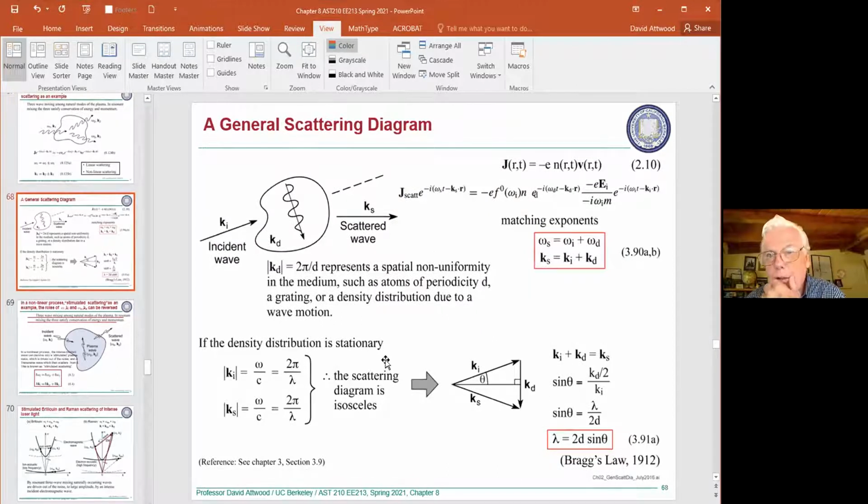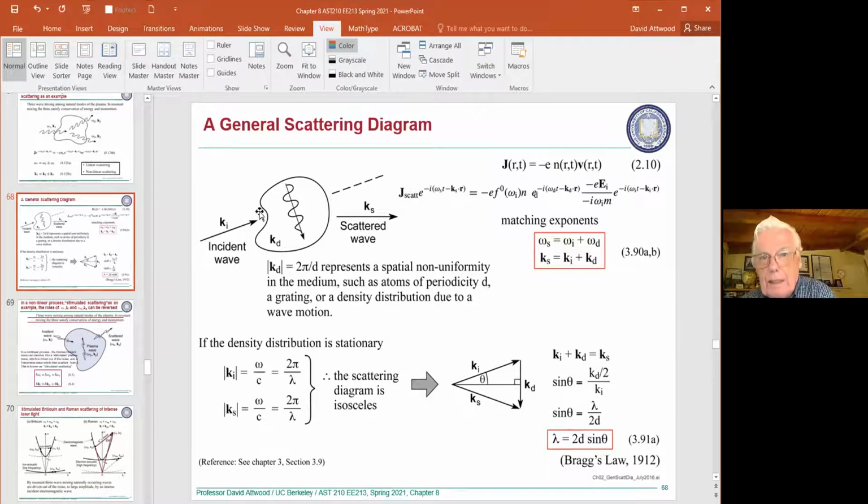So this is one from chapter 2, where we did the same thing. And we wrote the current density, etc. And we said that this incident wave comes in, in this case purely linear. There's a wave here, and this incident radiation scatters off that wave and goes in some new direction.